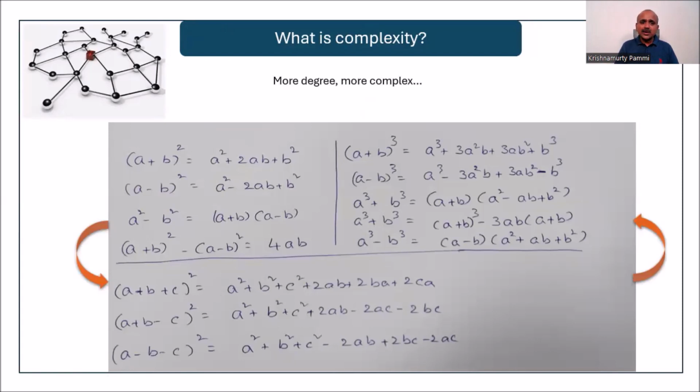A minus b whole square is equal to a square minus 2ab plus b square. A square minus b square is equal to a plus b into a minus b. A plus b whole square minus a minus b whole square is 4ab. That means you are dealing with two variables and it is a 2-degree quadratic equation. Is it not complex? Yes, it is complex, but it is normal.